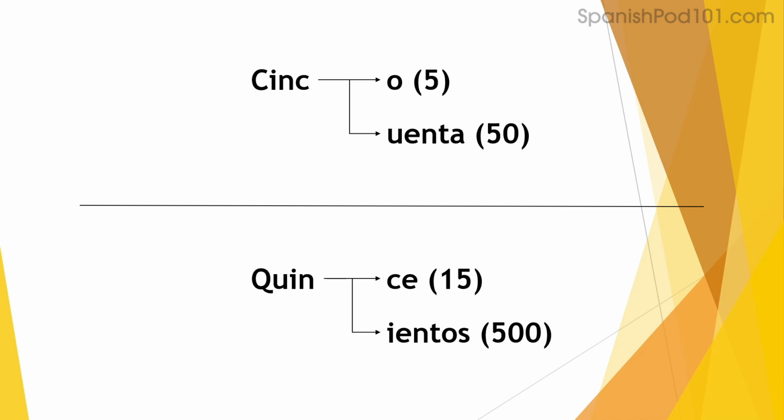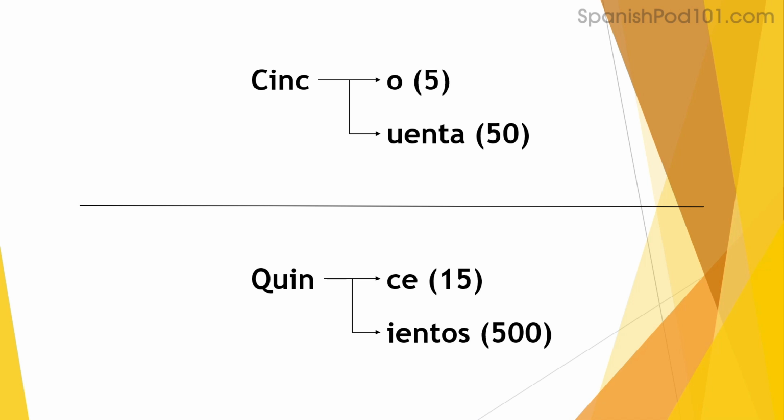I know we haven't seen the hundreds yet, but I thought I should include it here so you have everything in one place. 5 and 50 share the same stem or root, and 15 and 500 also share the same root, okay? So we have 5, 50. But then 15, 500.